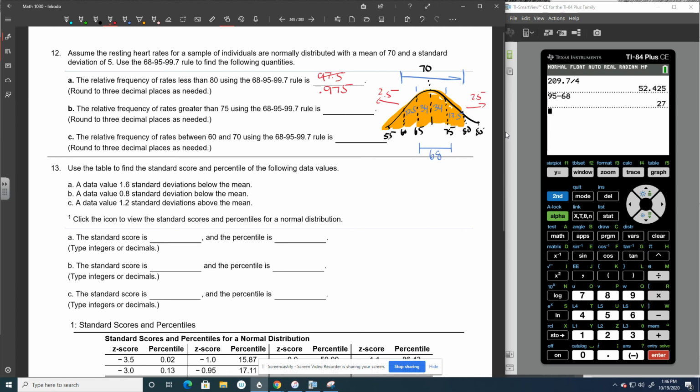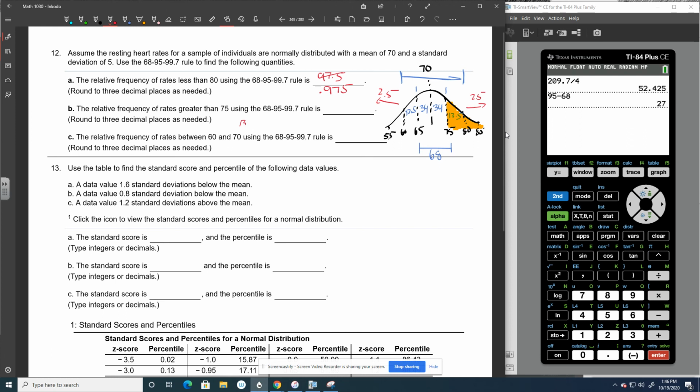Okay. Now the relative frequency of rates greater than 75. So instead of looking at less than 80, I'm looking at the group that is up here. Well, I know that this group 75 to 80 is 13.5%, and above 80 is 2.5%.